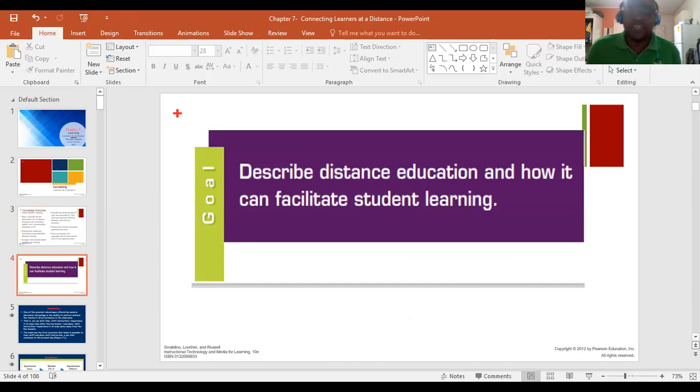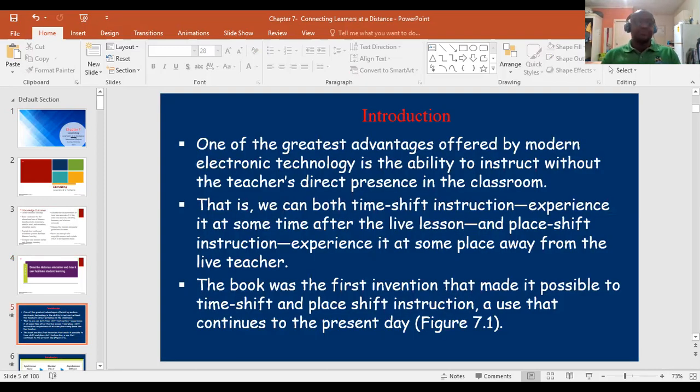So basically the main goal of this particular lecture is to describe distance education and how it can facilitate student learning, okay? We cannot ignore this.